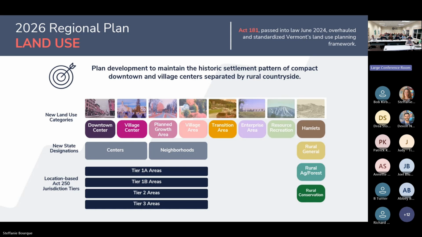And in terms of the regional future land use map, we're interested in the Tier 1 eligible areas. The Tier 2 and Tier 3 areas are subject to a separate rulemaking through the Land Use Review Board. So not really a topic of conversation with regard to the Rutland Regional Plan or the future land use map.